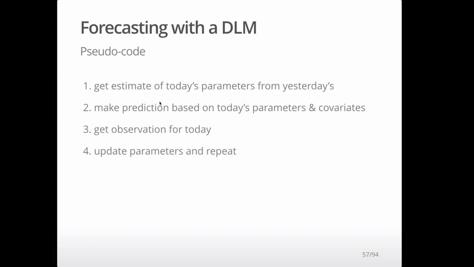And once you do that, you make a prediction based on the parameters that you just chose based on yesterday's information. And now I hand you the predictor variable. You make your prediction. Then you get to see what the real value was today. Okay, now we observe what it was. Well, we were off by a little bit, so then we'll update our parameters and then we'll do the same thing tomorrow. And then we'll go on, right? So that's basically the way this process works.